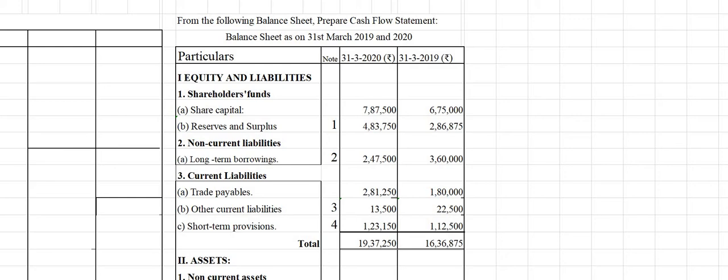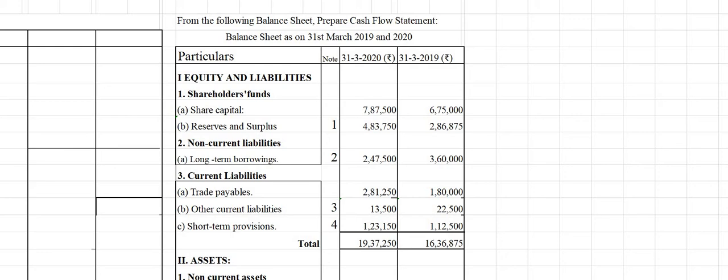So far in the three other classes we have discussed almost all the things related to cash flow statement. So here we are going to discuss certain adjustments like how to treat proposed dividend, then accumulated depreciation, etc.